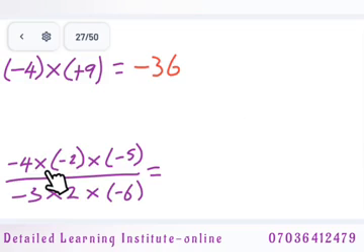So the first thing you multiply is the sign. Minus times minus is plus. Plus times minus is minus. So finally we are going to have minus here.